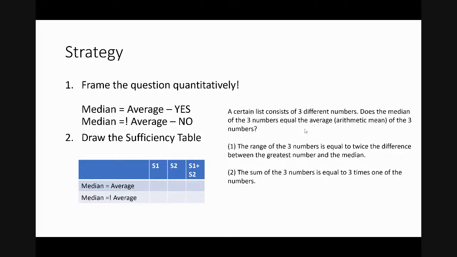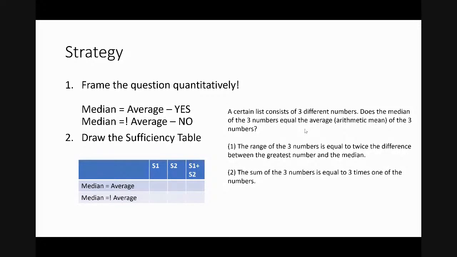So the first statement says the range of the three numbers is equal to twice the difference between the greatest number and the median, right? So what do we mean by a range? A range of a set means the difference between the greatest number of the set and the smallest number of the set, right?